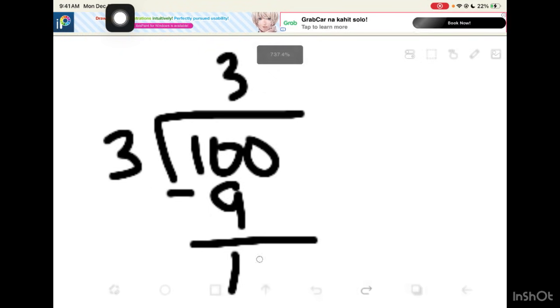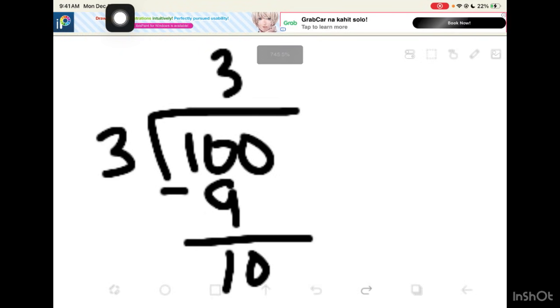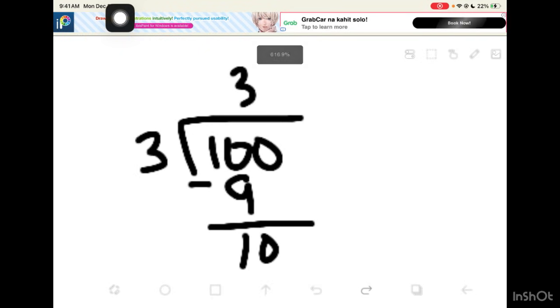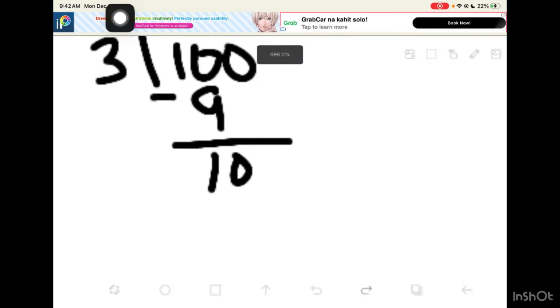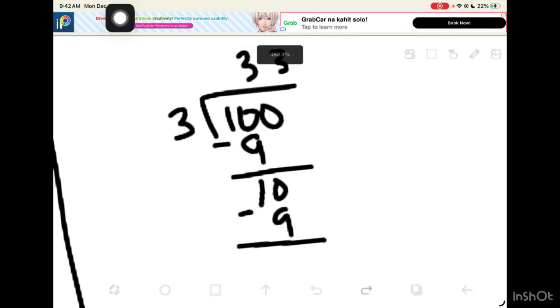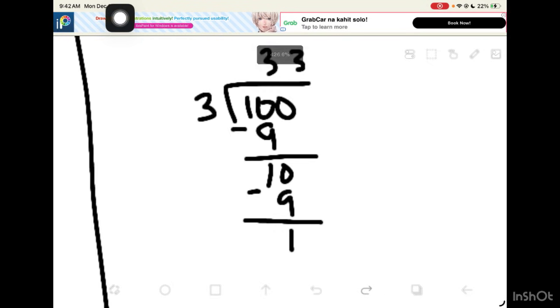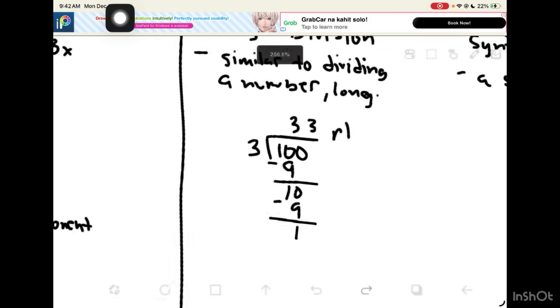Then 1, bring down the 0, 10. Then 10 divided by 3 again. That's divide. So 3. 3 times 3, that's multiply. 9. Then subtract, 1. And then bring down. But in this case, we have R1.